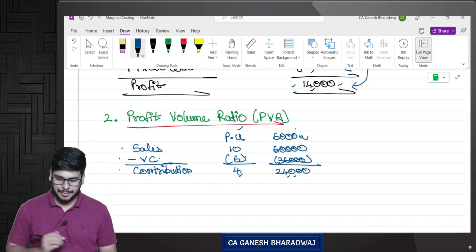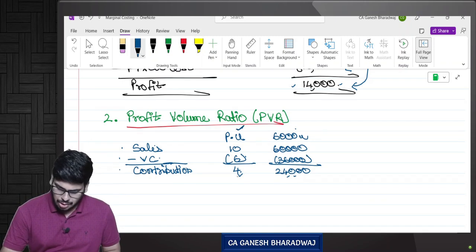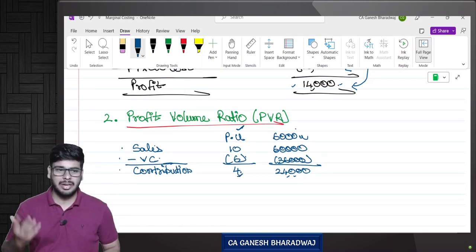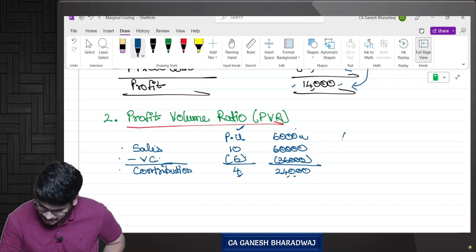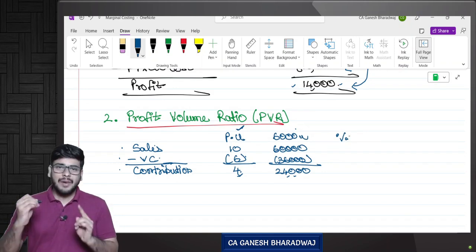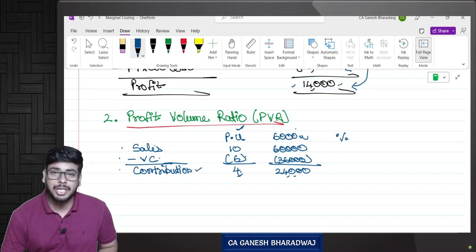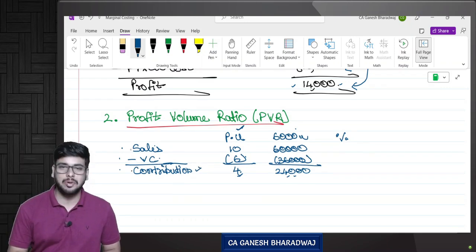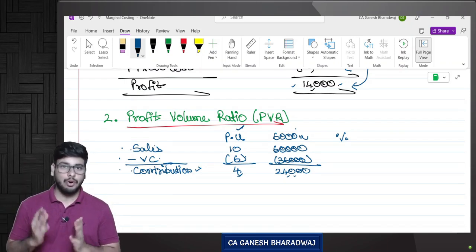Now you tell me, what we have done here is we have found out contribution, or represented it, on a per unit level or on a total level. Now, if I want to establish my contribution as a percentage of sale, you tell me how much will it be?